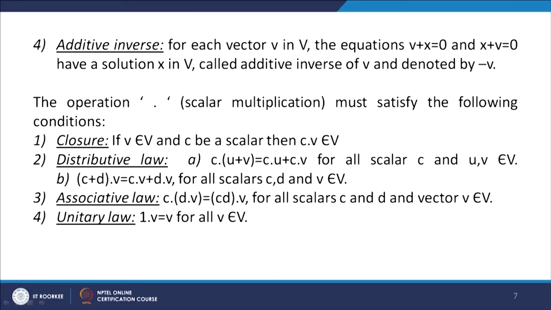And if you take any two scalars c and d and b to be any solution of x dot equals Ax, then (c plus d) dot b equals c dot b plus d dot b is also true, and similarly the associative law is true. The unitary law, 1 dot b equals b, also clearly holds. So if B denotes the space of all solutions of the homogeneous system x dot equals Ax, then B is a vector space.